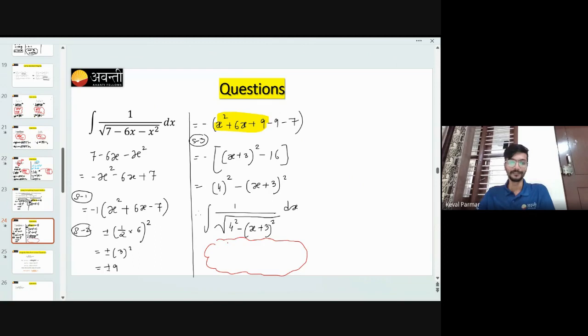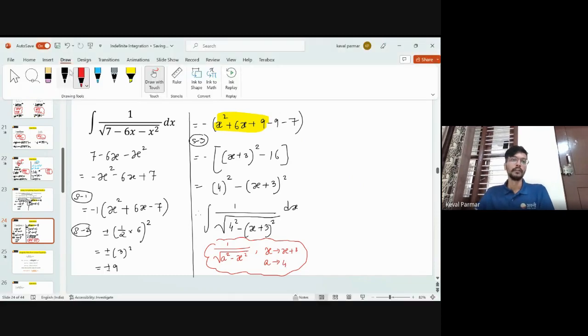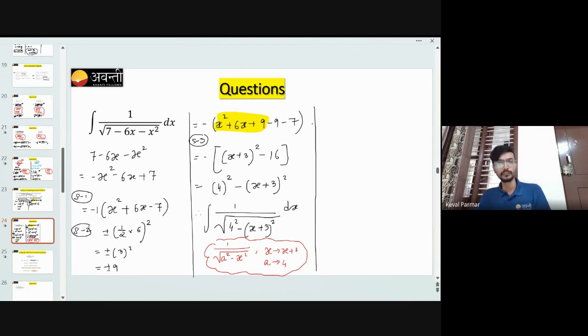Quickly, this is of the form 1 upon under root of a square minus x square, the one we derived, where in place of x we have x plus 3, and in place of a we have 4. So that means I can now use the formula.